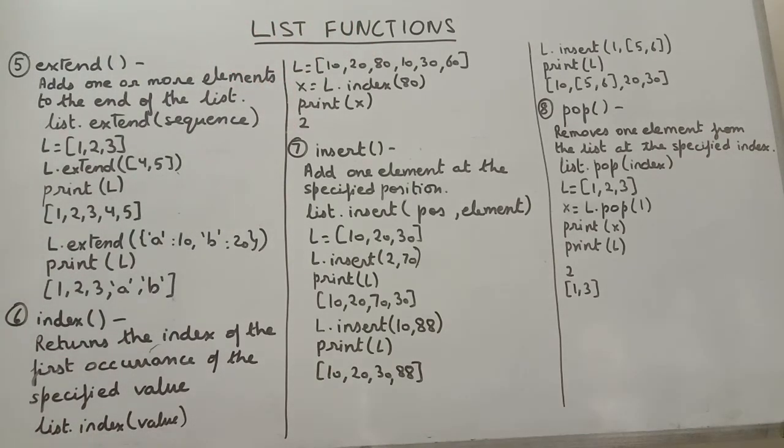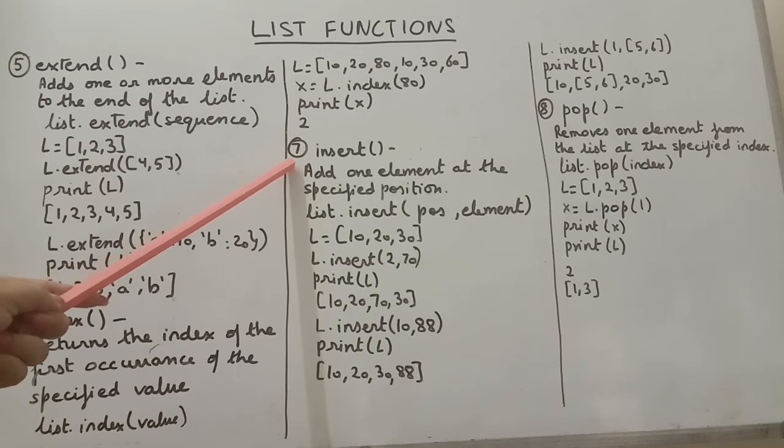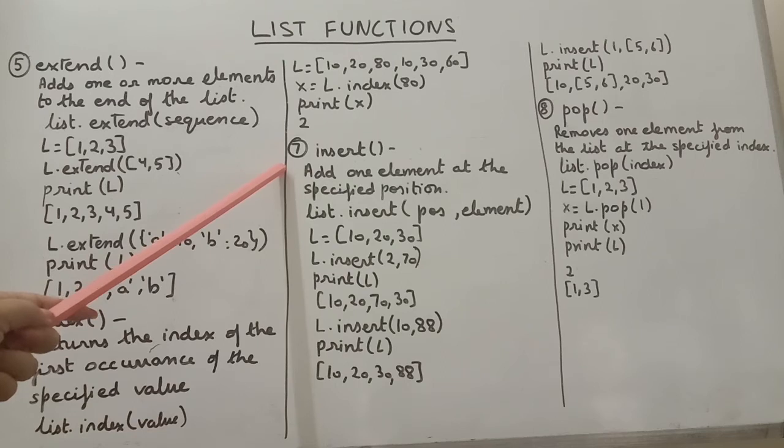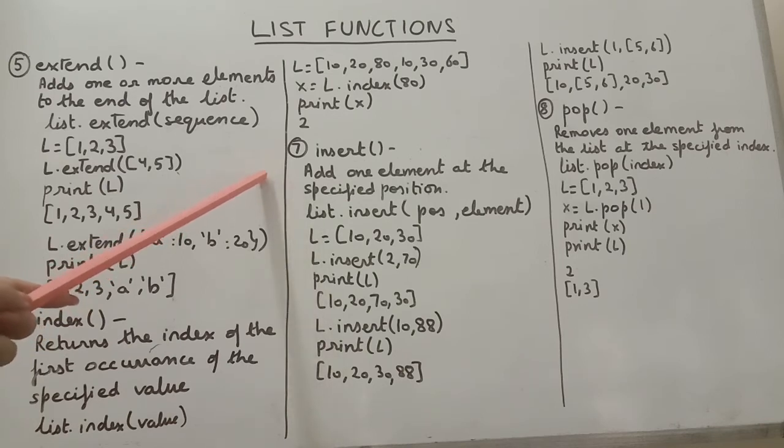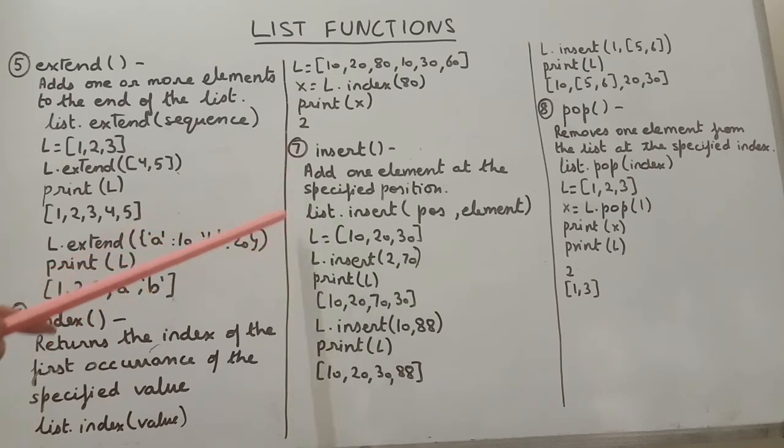Next function, the insert function. The insert function adds one element at the specified position. This function can only increase the size of the list by 1. With this function we also specify the location where we want to insert a particular value. Its syntax is list.insert.